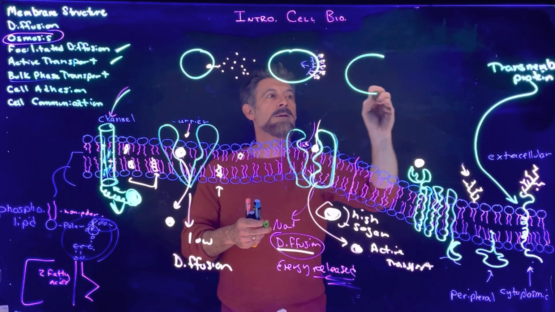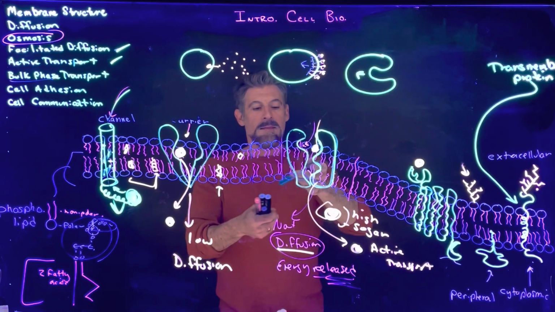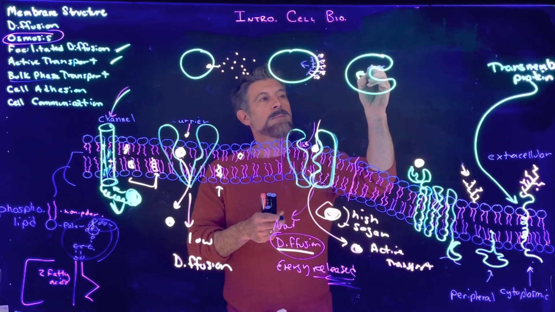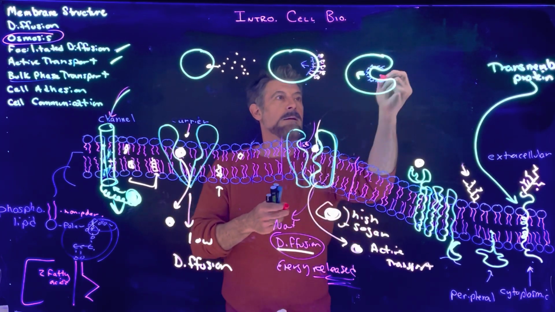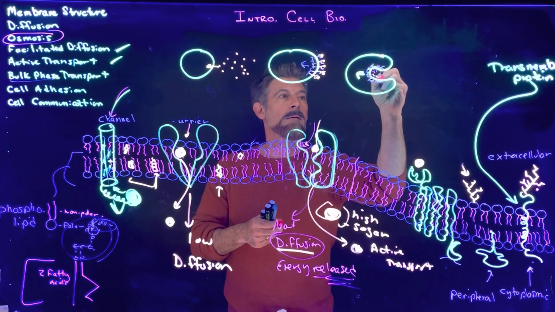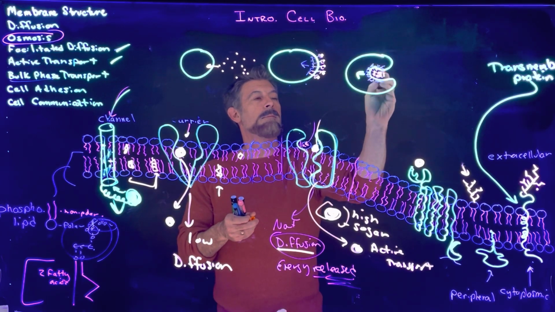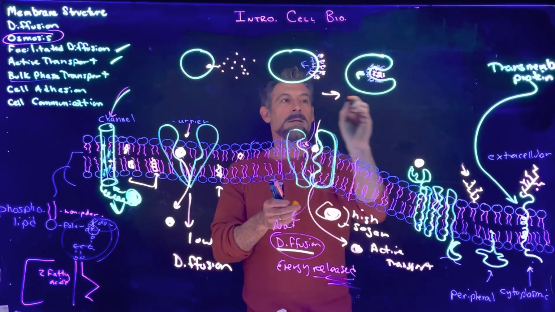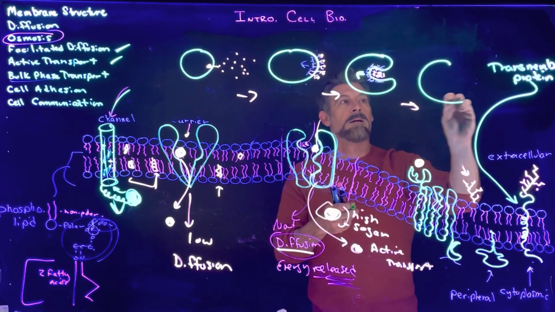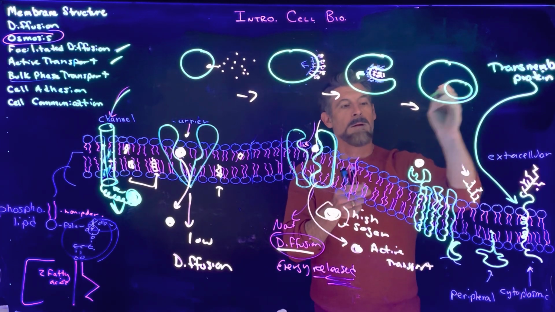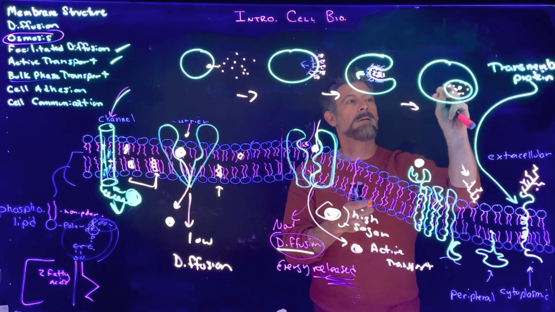So the cell is going to change its shape and start to pull itself inward. That process is directed by these cytoplasmic proteins. There are all these receptors, and then you have all these molecules stuck in there. Eventually we'll have a vesicle, and inside that vesicle will be all these molecules.